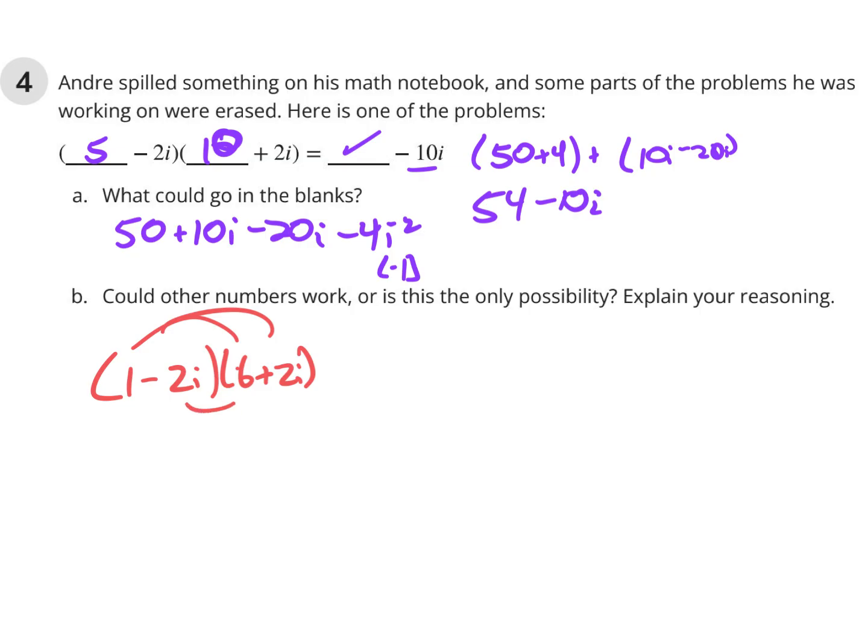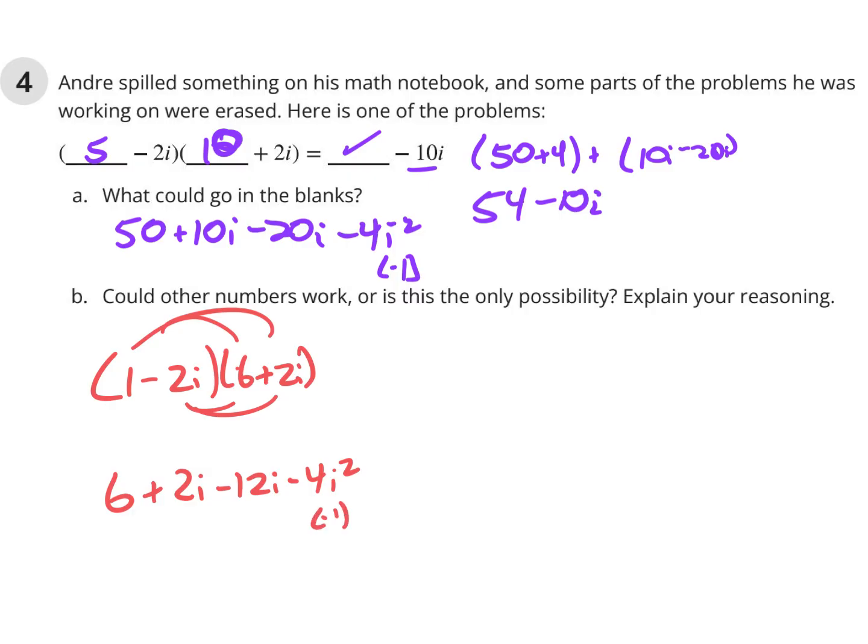Draw your distribution arrows. 1 times 6 is 6. 1 times 2i is plus 2i. Negative 2i times 6 is negative 12i. And then negative 2i times 2i is minus 4i squared. So i squared is negative 1. This becomes plus 4.